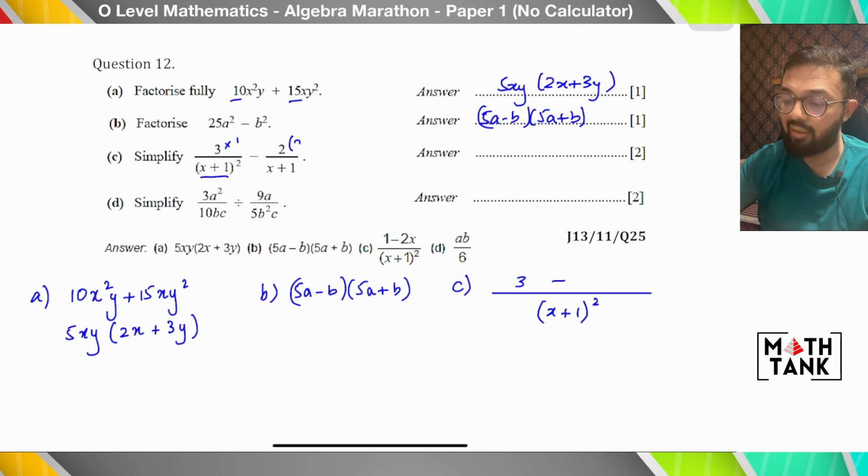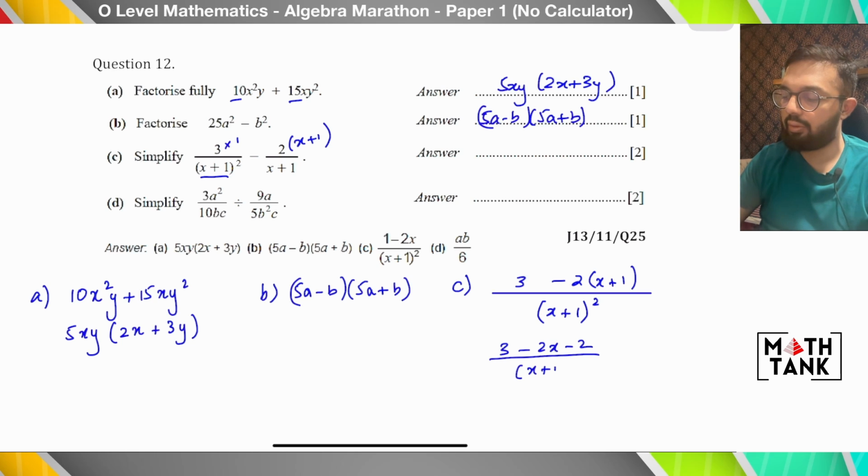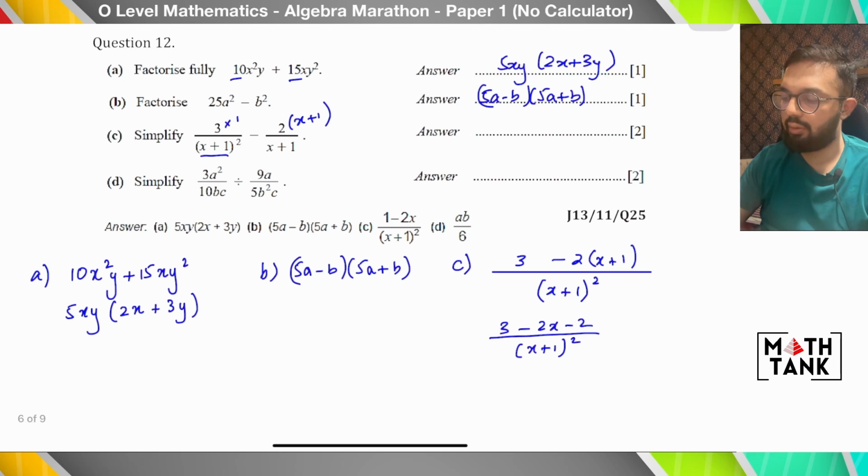It has 1 power missing in the denominator, so I'm going to multiply it with the bracket 2x plus 1, because its denominator just had x plus 1 power 1. The common denominator has a power x plus 1 power 2. I get 3 minus 2x minus 2. Yeah, I think that is the final answer.